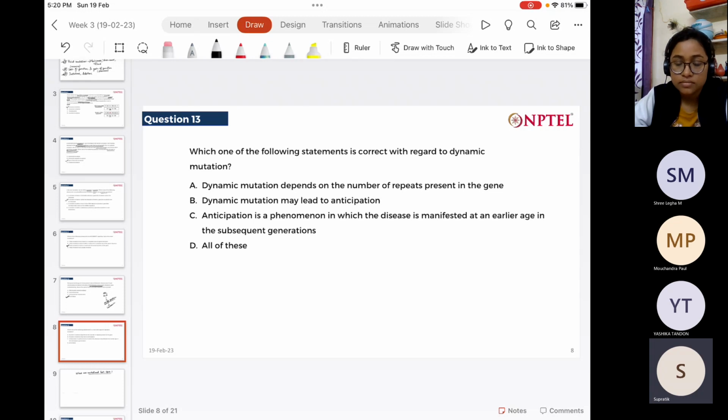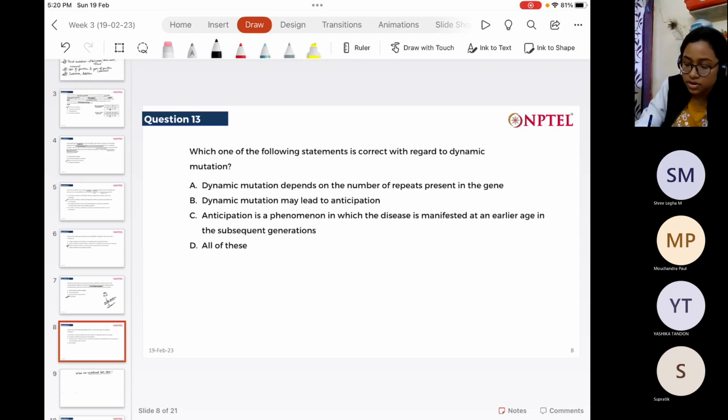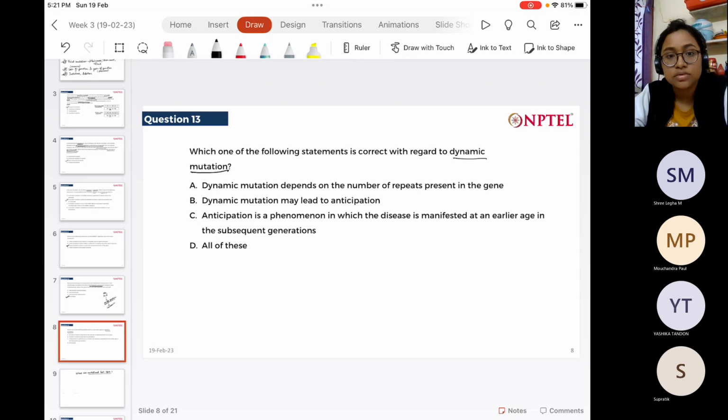So with each successive generation, the age of onset becomes earlier. So it is anticipated that severity will increase and the age of onset will decrease in that case. Correct. So that is what is observed in Huntington disease. So people saw that the cause of that particular disease was due to dynamic mutation. So I think now it is clear, right? What will be the correct answer for this question?